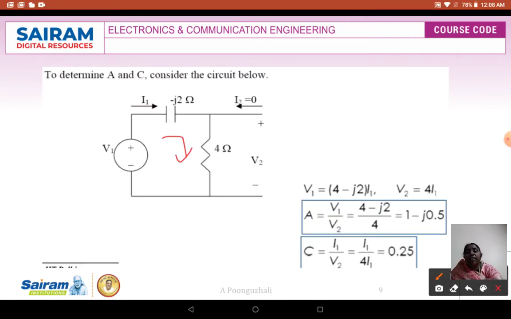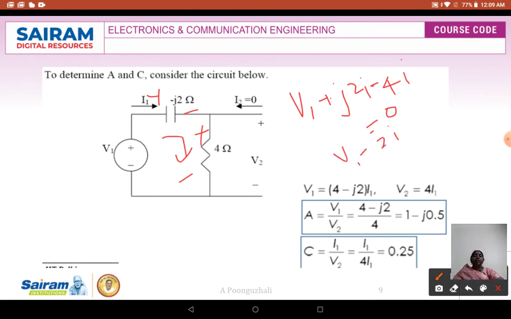So if I apply the KVL here, this is plus, this is minus, this is plus, this is minus. So I can write V1 minus of minus is going to be plus J2, so minus 4I1 is equal to 0. So here in this case we can write it as V1 minus 2I, so we can write V2 is equal to 2I there.